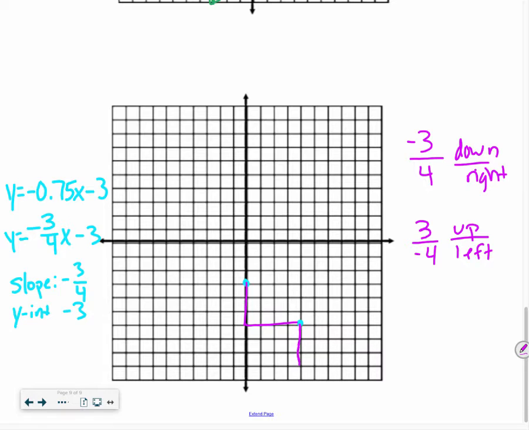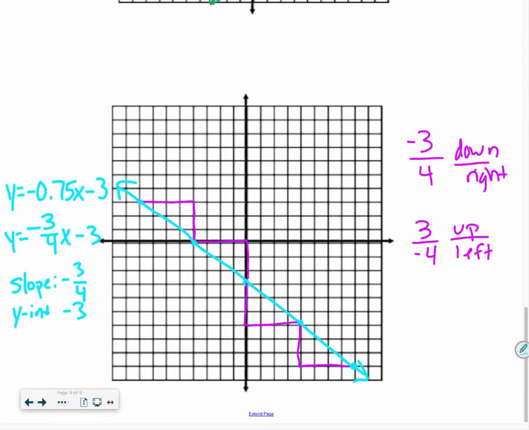Down 3, right 4. Or I can go up 3, left 4, up 3, left 4. And then I can just connect all of those dots and extend my graph.